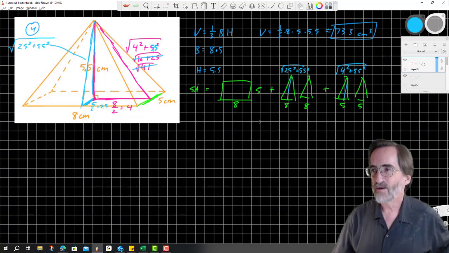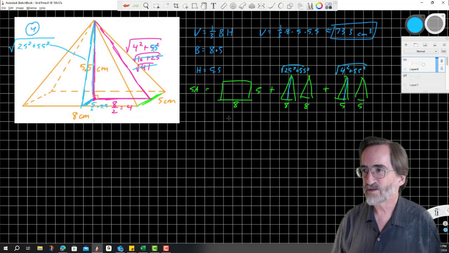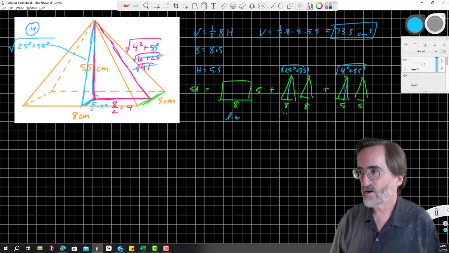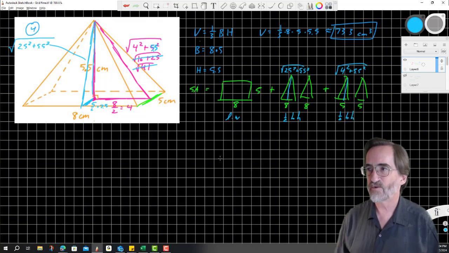Okay? All right, and so the area of this is length times width. The area of this is 1/2 base times height. The area of this is 1/2 base times height. Different heights for both.